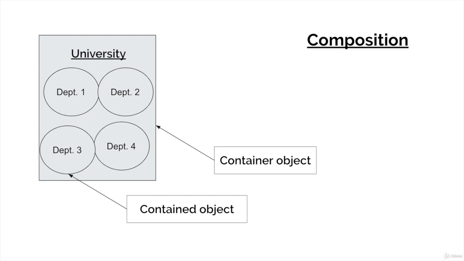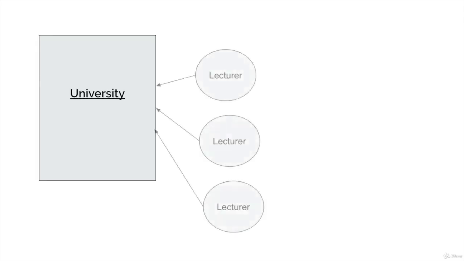But this was not the case with university and department. For department to exist, university had to exist. Here that is not the case. If university is destroyed, a lecturer can go to some other university and give lectures. So we can say from this example that lecturer and university are weakly associated, and this type of weak association is known as aggregation.